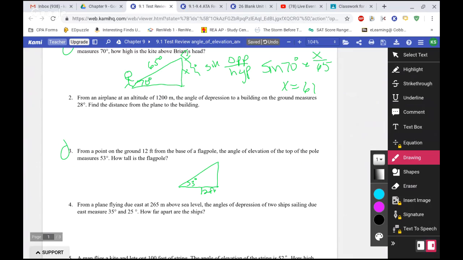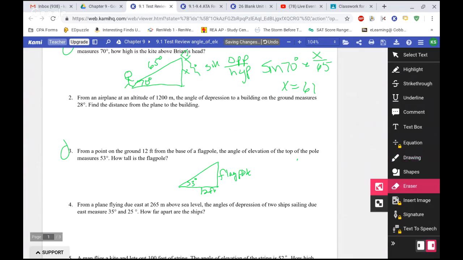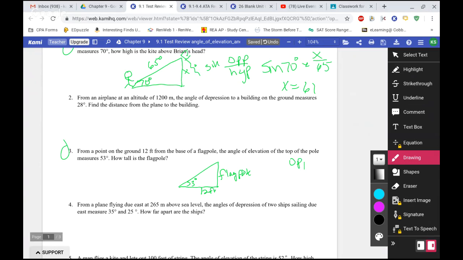I agree with that. And this is going to be how tall the flagpole is. Yes. So we've got adjacent over hypotenuse, no, opposite over adjacent.